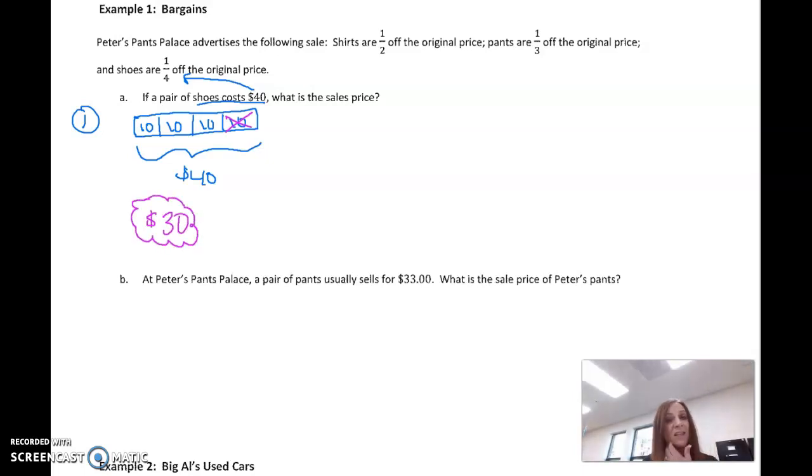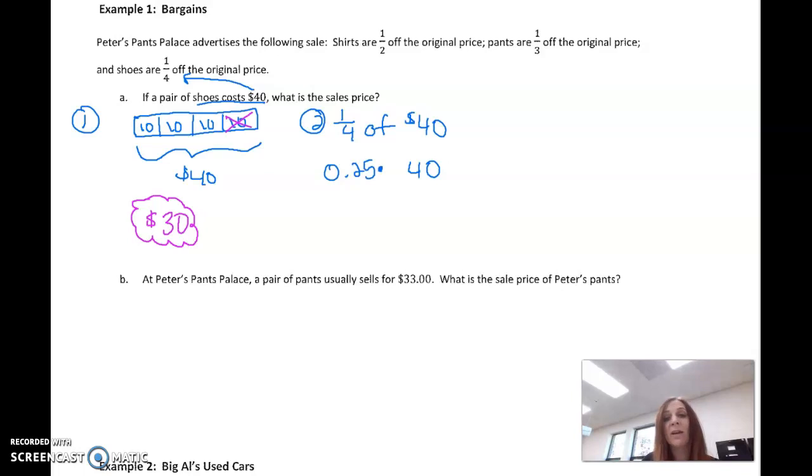Another way to do it is think of it more algebraically and to say, well, what if we're taking 1/4 of $40? That's how much we're going to take off. So 1/4 of the $40. Of means to multiply. I can leave it as 1/4, or I could change it to a decimal. 1 divided by 4 is 0.25.